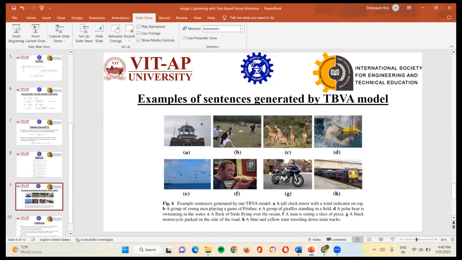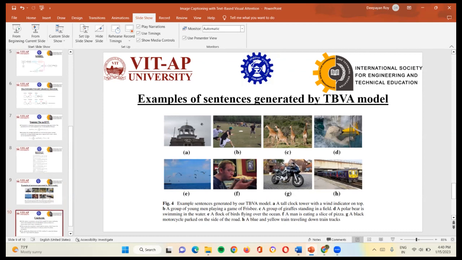As you can see in example B, if we give this picture as input, in the output we can see a sentence which would be: a group of young men playing a game of frisbee. Like this, we can see many examples here.